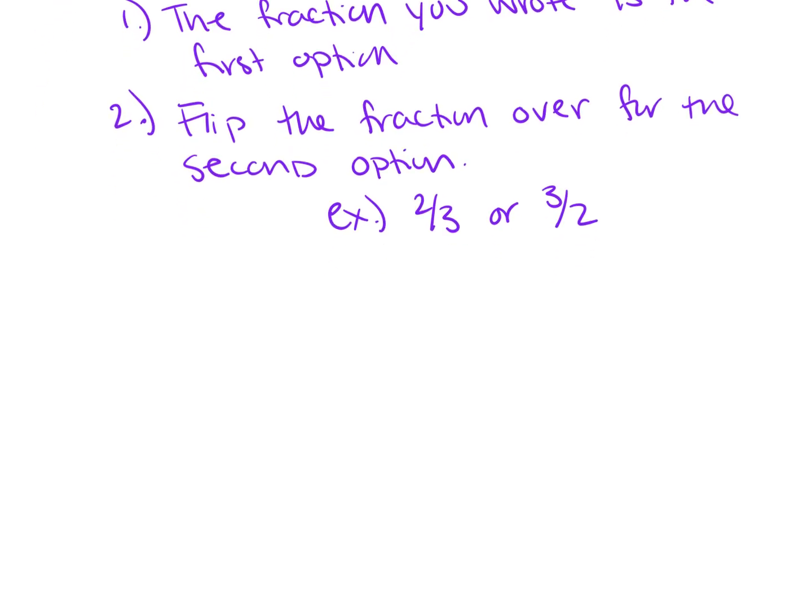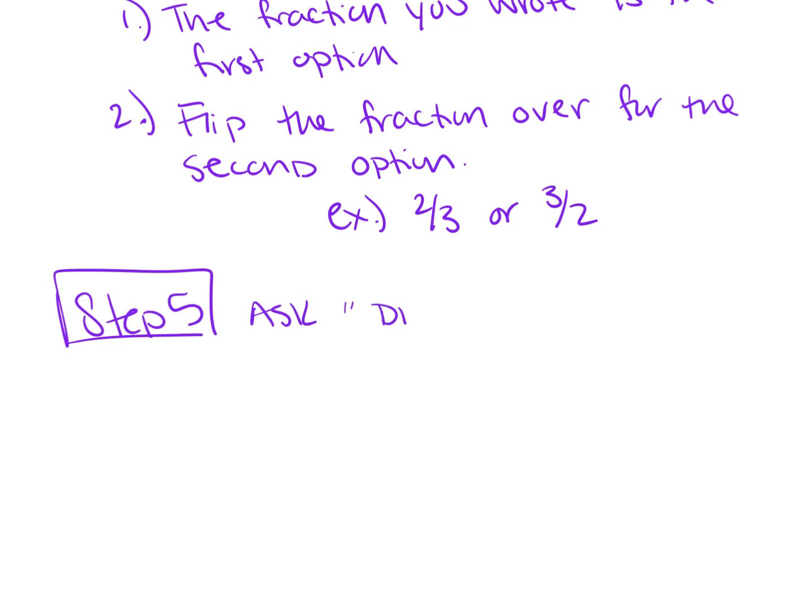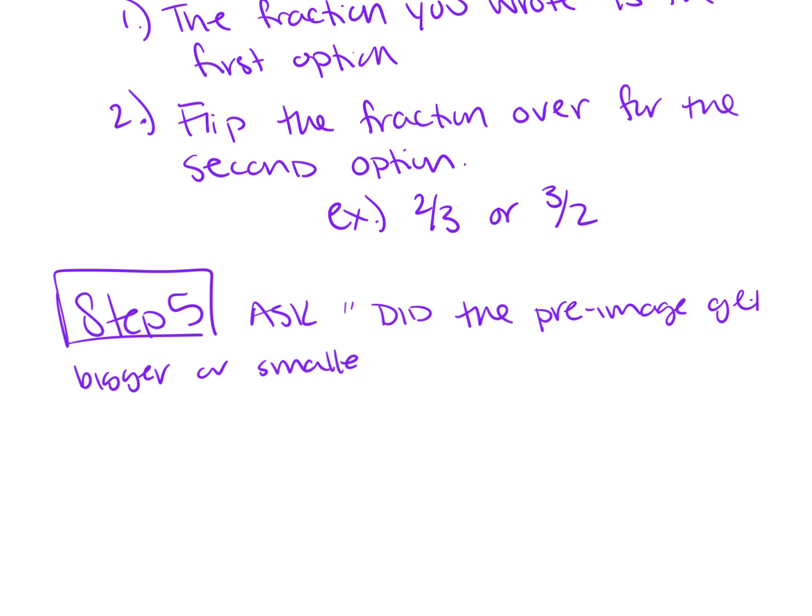Step 5, you need to ask yourself, did the pre-image get bigger or smaller? If it got bigger, choose the fraction that's greater than 1.